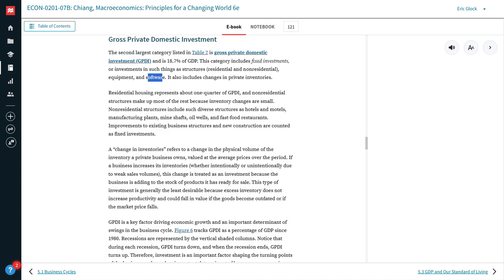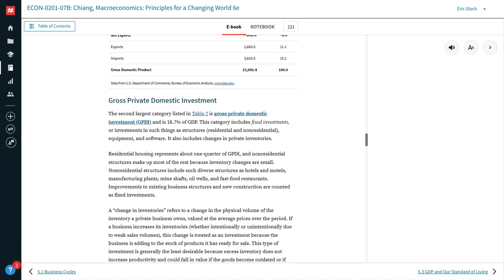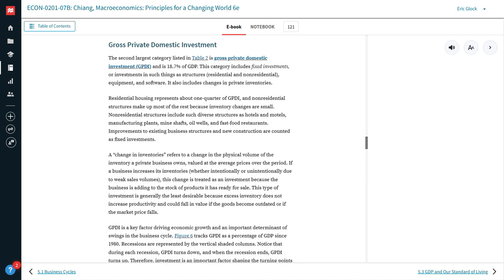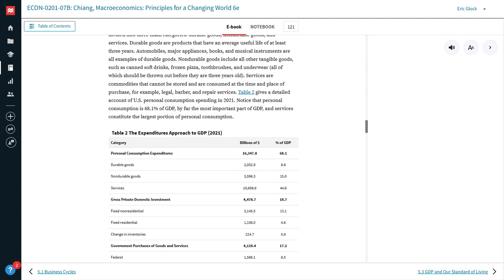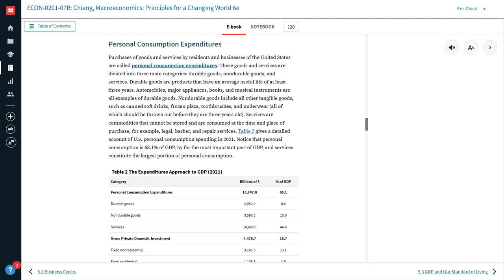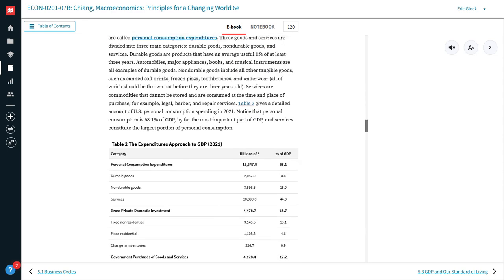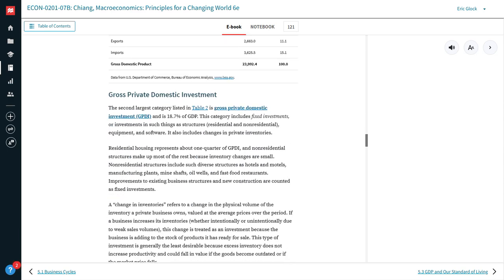Here it says software. You get the idea. These are all non-human inputs to production. So when firms buy machines, they are engaging in investment spending. When consumers buy finished goods, they are engaging in consumption spending. So there really are only two categories here: finished goods and inputs.